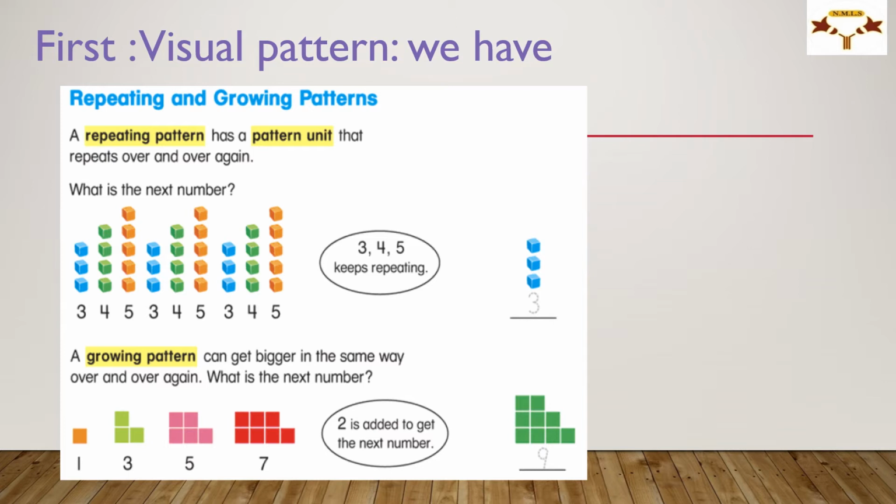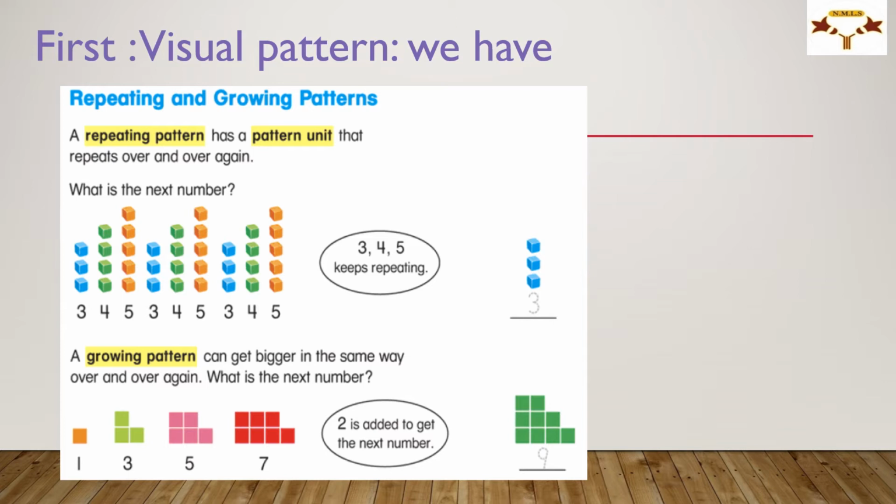In the next type, in the same visual pattern, we have growing pattern. Something is growing, it starts smaller and becomes bigger and bigger. If you start like a baby, then become a child and then an adult, it's growing.